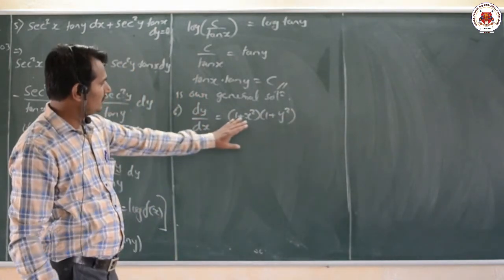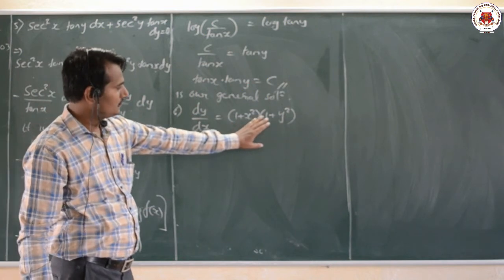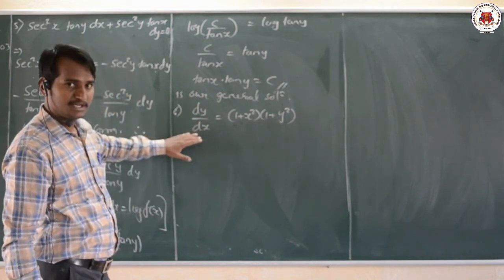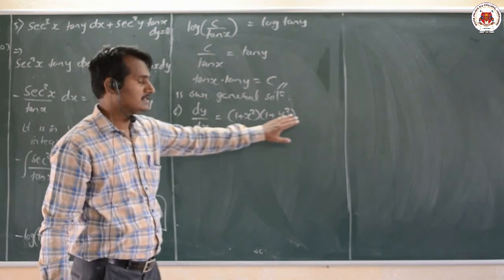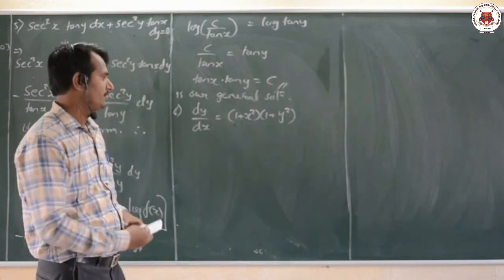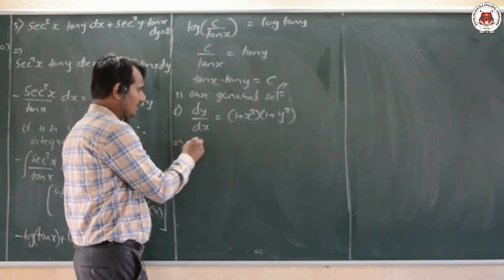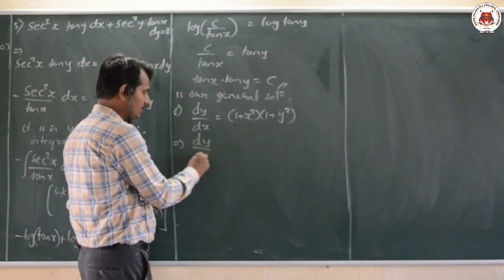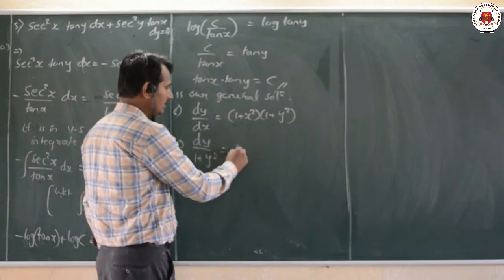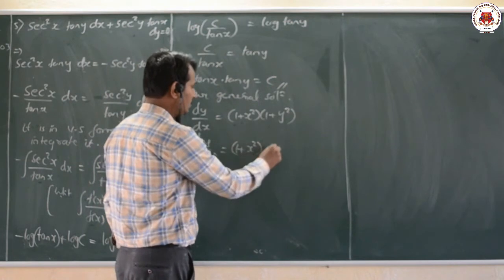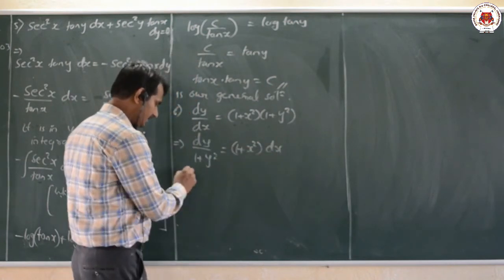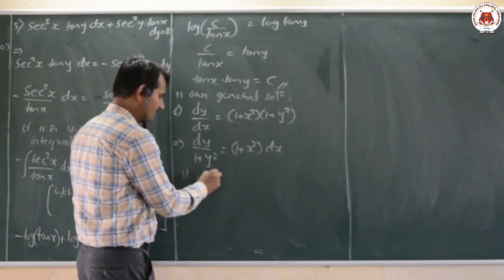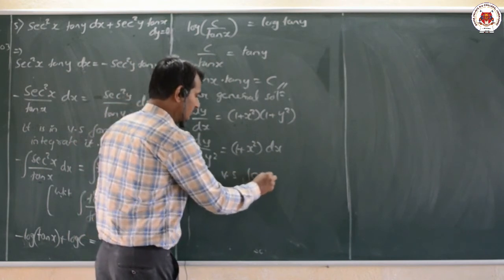Here 1 plus x square I will keep as it is, 1 plus y square I take to the denominator, and dx I cross multiply to the RHS. That implies dy divided by 1 plus y square equal to (1 plus x square) into dx. It is in variable separable form.